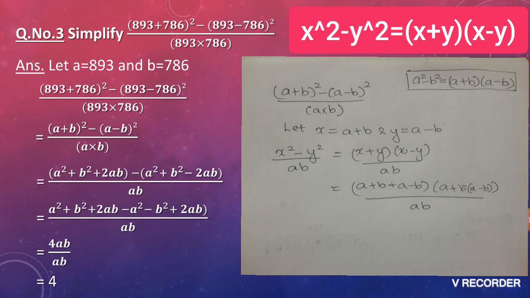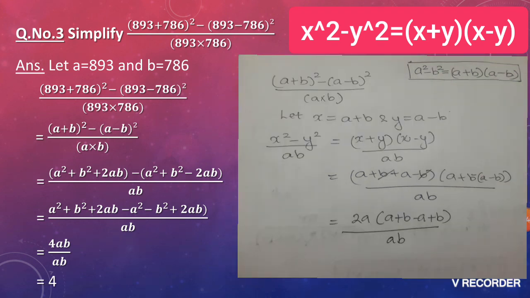Now we will give back the a and b to the x and y values, that is x will become a plus b. So it is a plus b plus a minus b into a plus b minus of a minus b divided by ab. So in the first bracket, plus b and minus b can be cancelled.